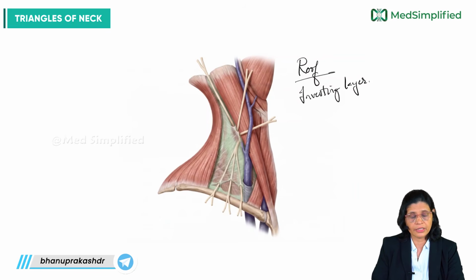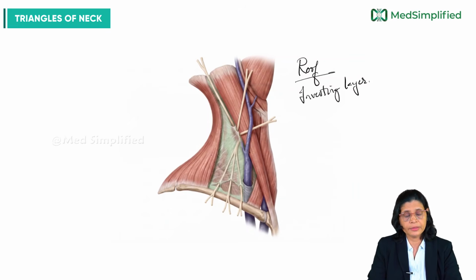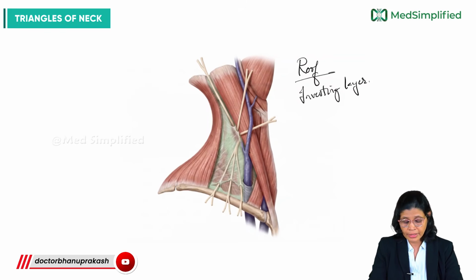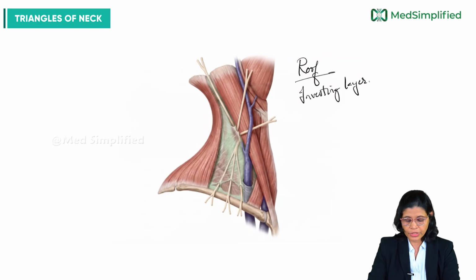The investing layer is basically part of the deep fascia. Above that there is the superficial fascia, a small portion of platysma muscle, and the overlying skin. Piercing this fascia, we can see the cutaneous nerves, four of them.